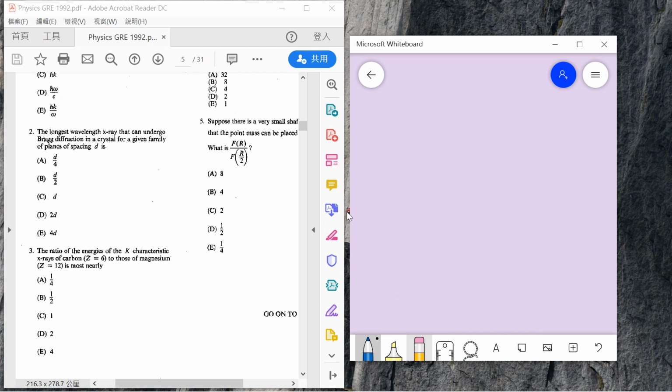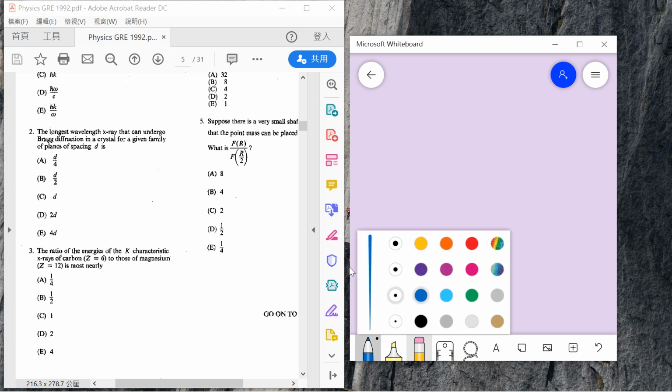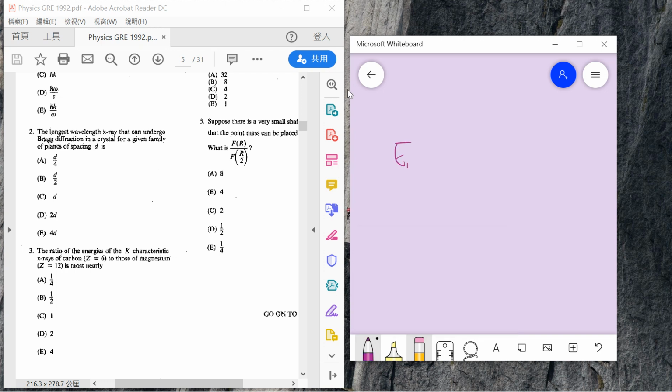And the third one, the ratio of the energy of the K characteristic X-ray of carbon to that of magnesium, is most nearly what? Important formula for the Bohr model: the Bohr model is probably important in the physics GRE because you will see it various times.